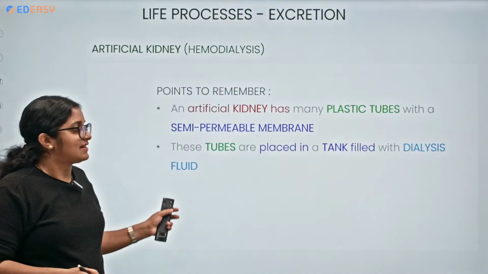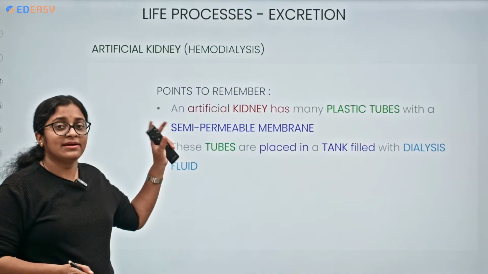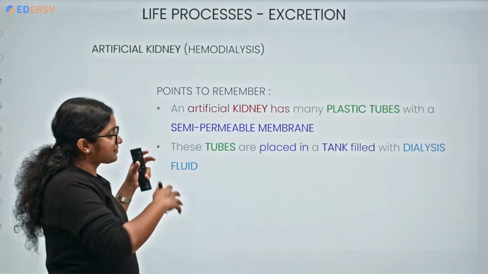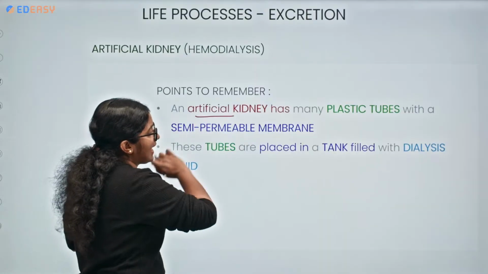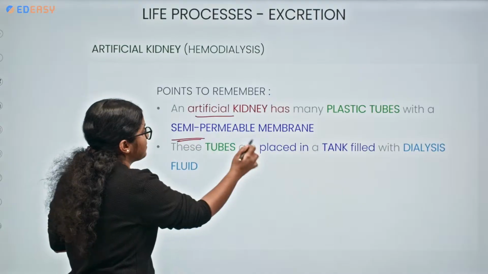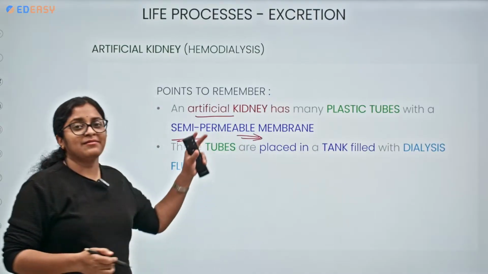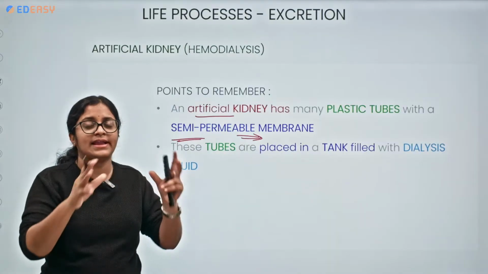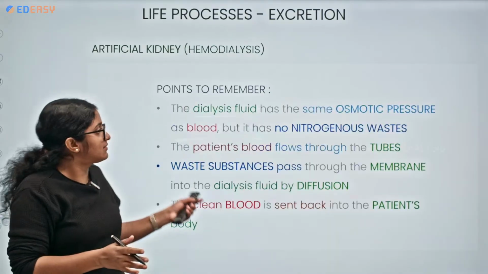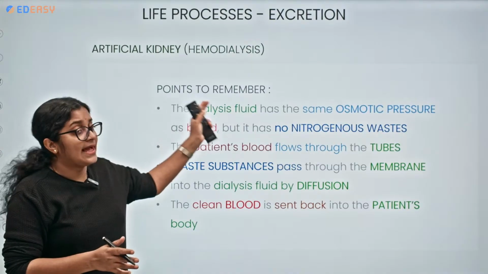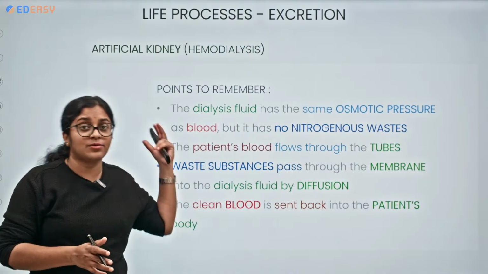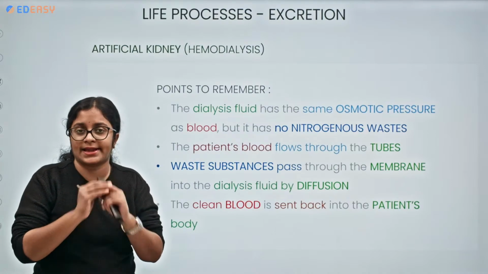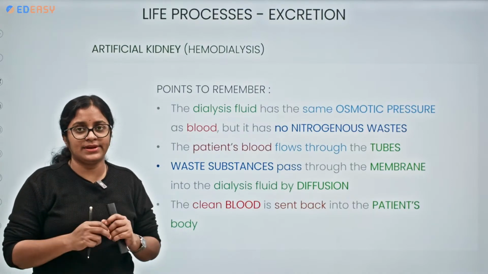Okay, now the points to remember over here, once again I reiterate in a quick manner. The artificial kidney device has many plastic tubes with a semi-permeable lining placed in a tank which is filled with a dialysing fluid. The dialysing fluid composition we have seen, right? Now what happens? The dialysing fluid has the same osmotic pressure as that of blood, but it does not have any kind of nitrogenous waste like urea.